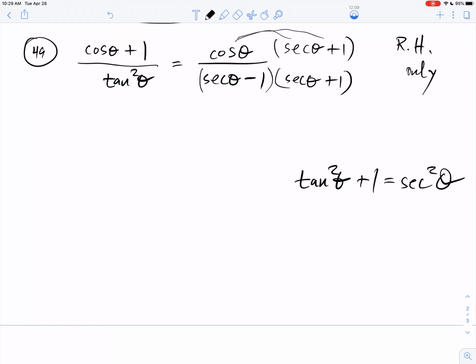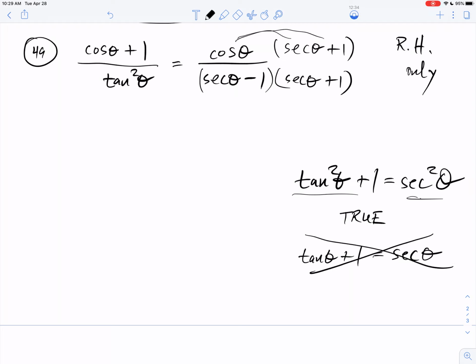Now, here's something I noticed as people have been posting pictures of their work. Here's something I noticed that is a very, very bad thing. Some people are going, oh, since this is true, I bet if I took the square root of both sides, then this is true. And this is not true ever.